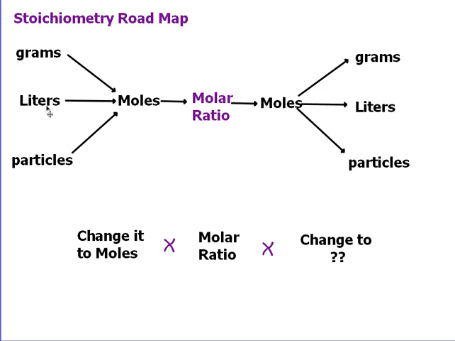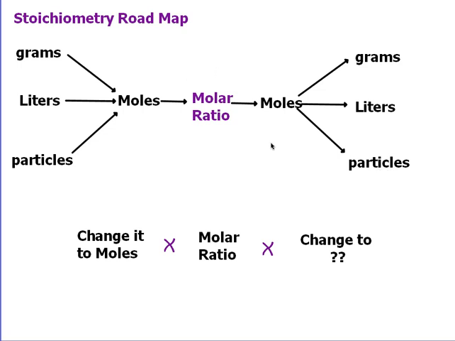We could also start with things like liters or particles like atoms and ions. The first step is always to take these and change them to moles. After that, we'll use the molar ratio to make the switch from one substance to another substance. That'll leave you with moles of that other substance, and then from there we can change it into grams or liters or particles of some type.